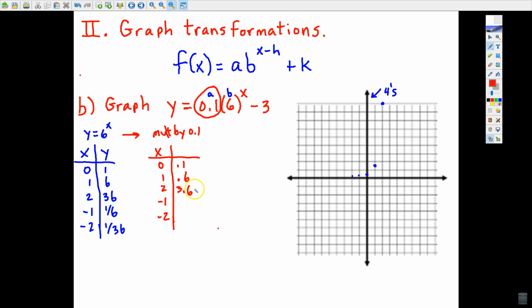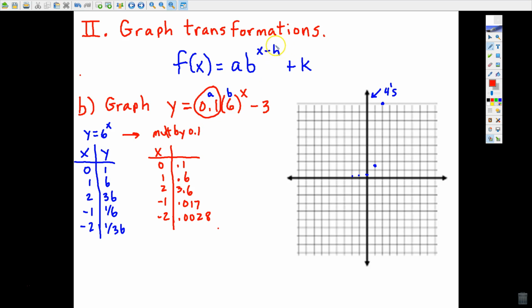That's just 0.017. And 1/36 times 0.1 is 0.0028. Okay, so we've taken care of the vertical compression.